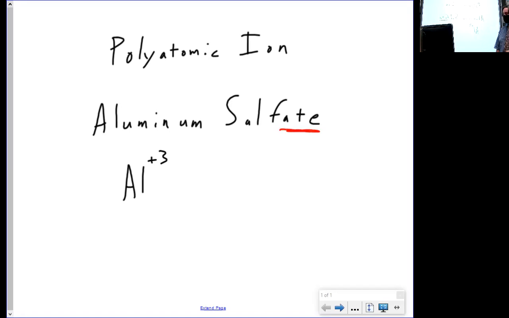So look at the chart, and I want you to tell me exactly what it says for sulfate. SO3. Look again. SO4. SO3 would be sulfite.